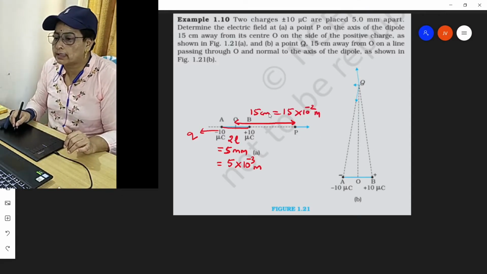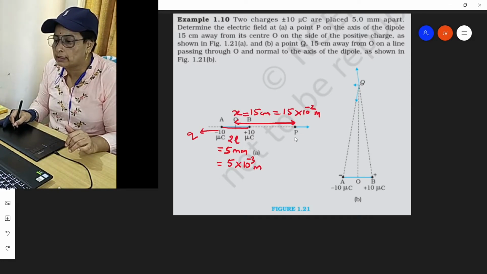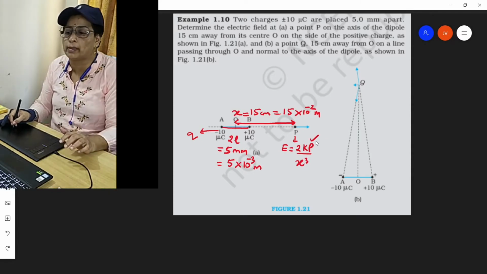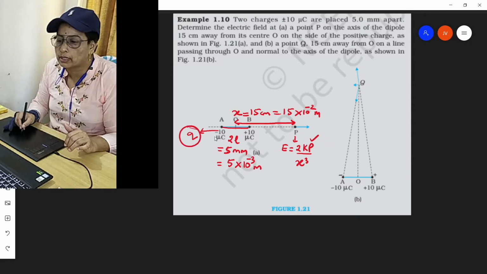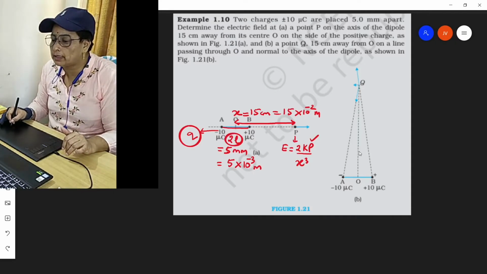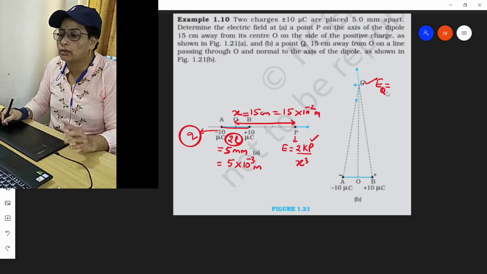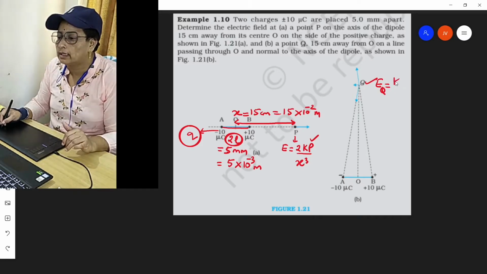Similarly, this distance is x. So at point P, the electric field is calculated using the formula 2kp by x cube, and p is the dipole moment. Dipole moment is charge into charge length, q into twice l. Similarly, in this question we have to find the electric field at Q. The electric field at Q, which is on the equatorial plane, is kq by x cube.